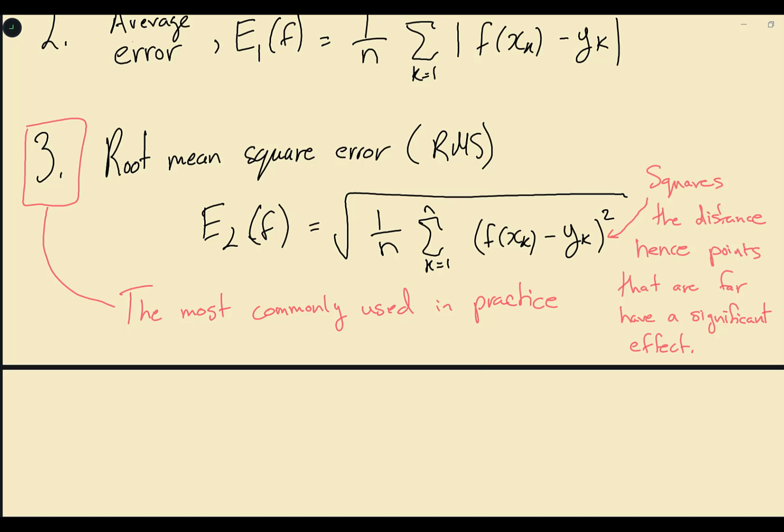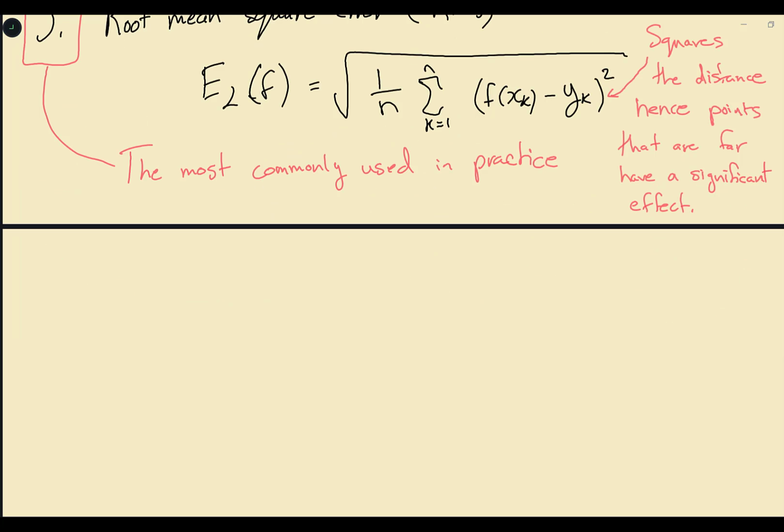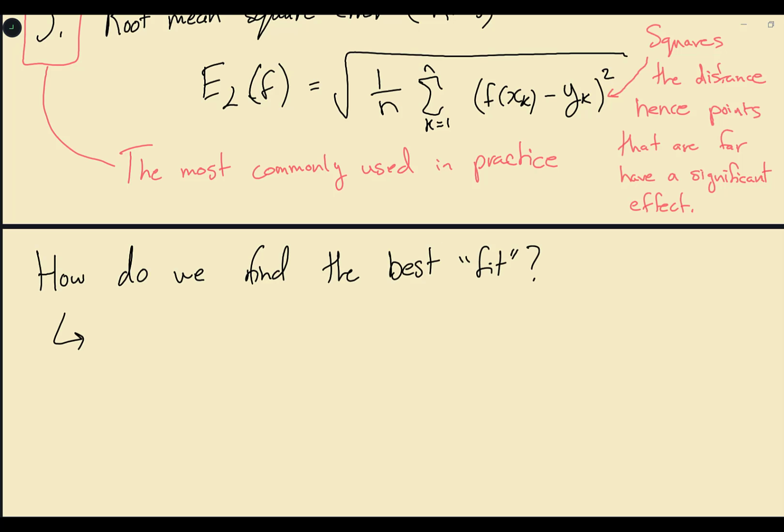So the next thing we're going to look at is how we find the line of best fit using the RMS. So how do we find the best fit? And obviously the goal here is to minimize the error that we get with the line of best fit.